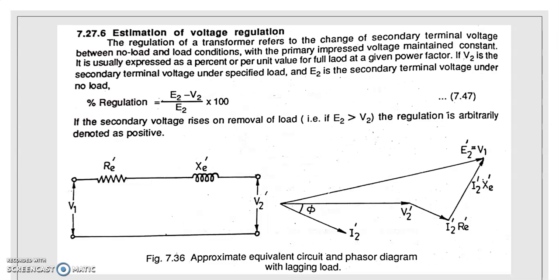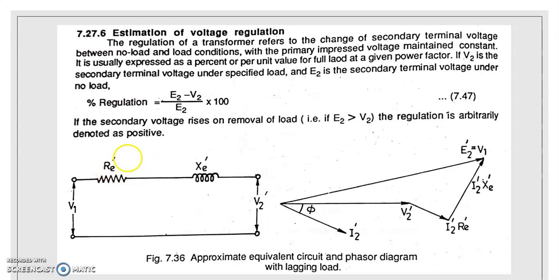So here you can see the equivalent circuit of the transformer. Re is the equivalent resistance and Xe the equivalent reactance of the transformer, and the dash on each quantity denotes that all the quantities are referred to the primary.